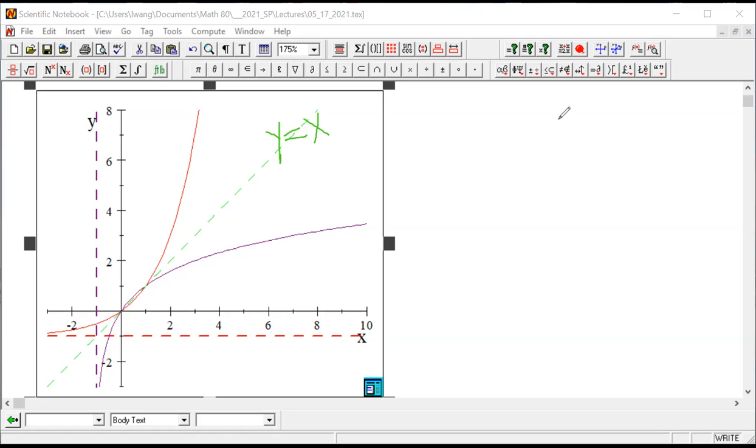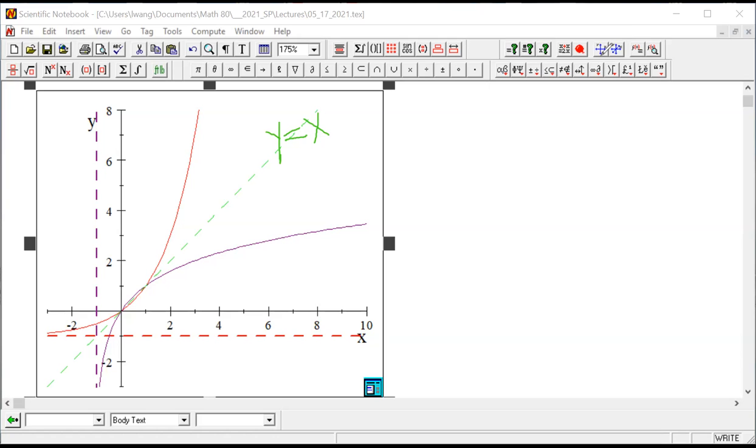Okay, so I'm going to choose number 6 to work on. We're going to work on number 6 together. You know what? Let's do number 4 first, and then we'll do number 6. I think we may have time to do both.